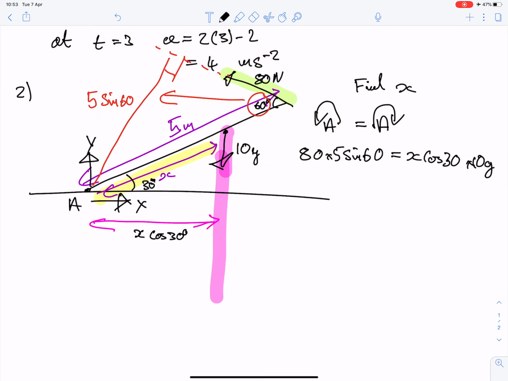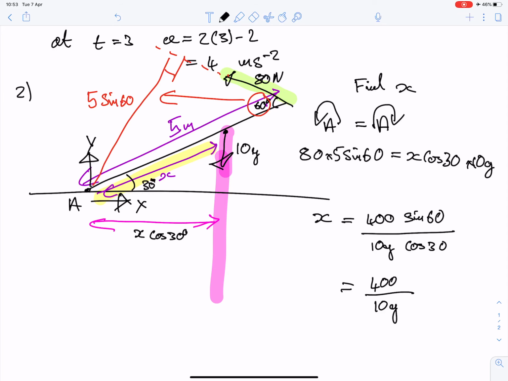So x equals 400 sine of 60 over 10g cos of 30. Now hopefully you recognise that sine 60 and cos 30 are both root 3 over 2. So those will cancel.